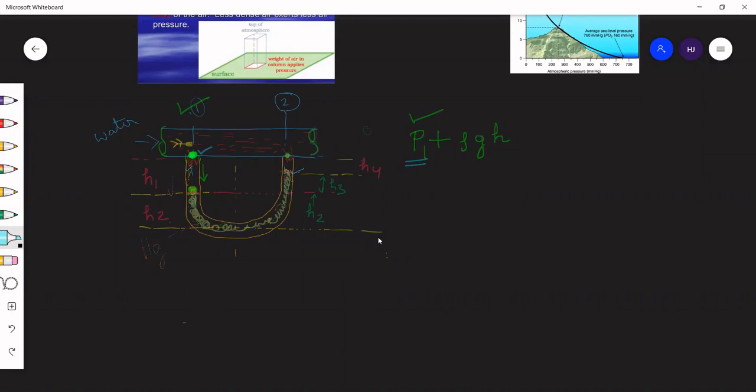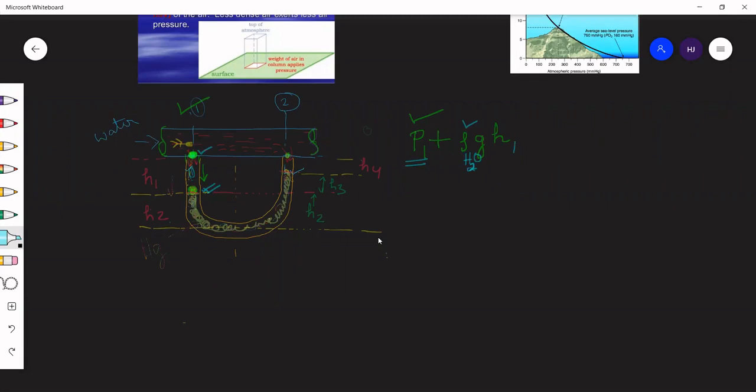Now my pressure has increased because I'm going down, and the fluid here is H2O. So I have to take the density of water, g, and the distance H1.